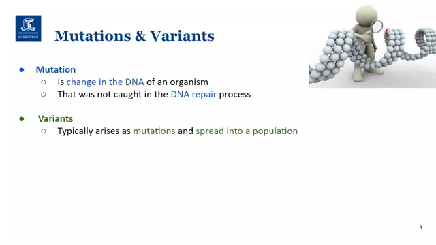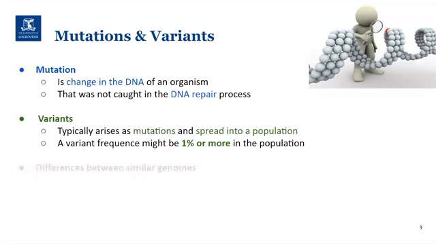So typically, when we're talking about variants, we're talking about a mutation spread in a population. Okay? That's basically the difference. So you can say that a mutation with a population of frequency of more than 1% is actually a variant. Okay? Sometimes we use them as synonyms. They're not quite synonyms, but we tried to focus on the word mutation, just to be more generic.